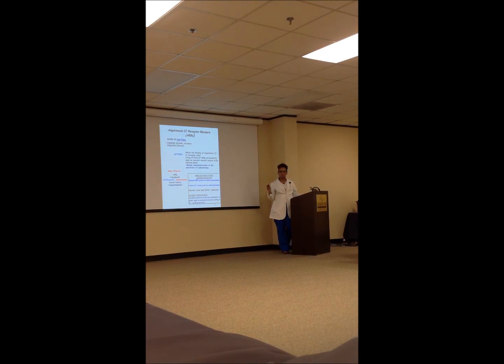What class of medication will you see them on? A diuretic. Because why? After the adrenal cortex, what do we have next? The kidneys. Now we need some more help from another organ. Absolutely.